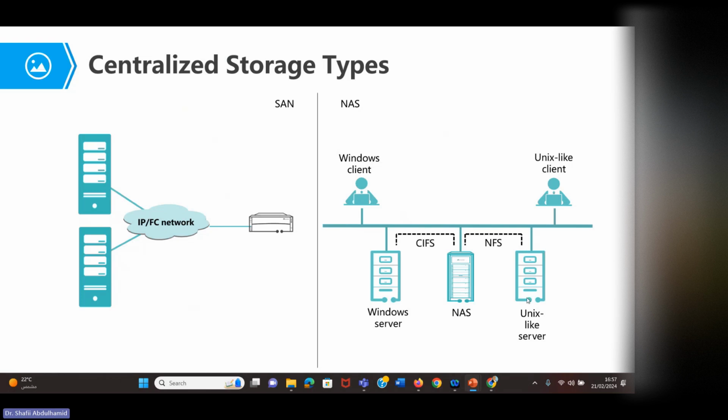So important things to remember in this case: for the SAN, it uses two types of protocols, either the IP protocol or the fiber channel protocol. While for NAS, it uses CIFS to connect Windows servers, while it uses NFS to connect Unix servers.